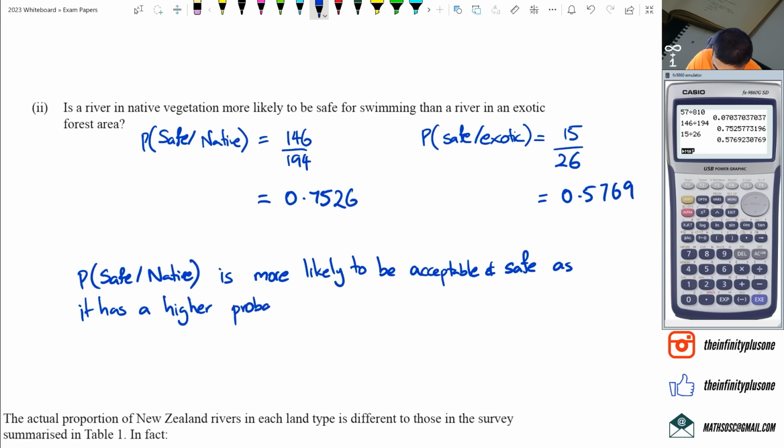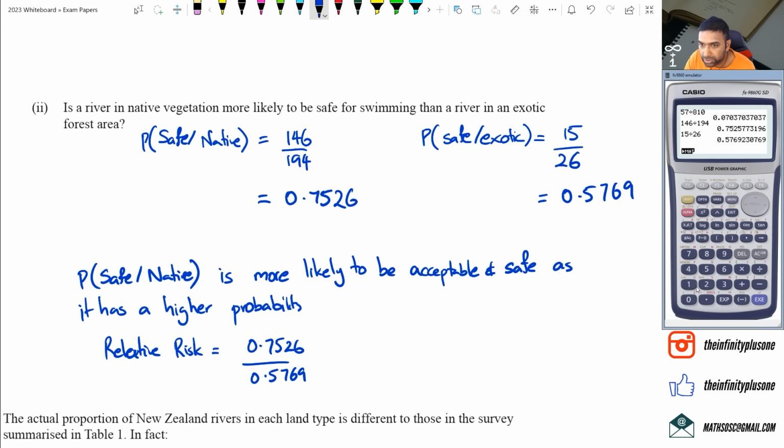Now you could also talk about the relative risk. The relative risk in this case is 0.7526 divided by 0.5769. Can I do this straight away? 146 divided by 194 divided by, yeah, what am I doing?